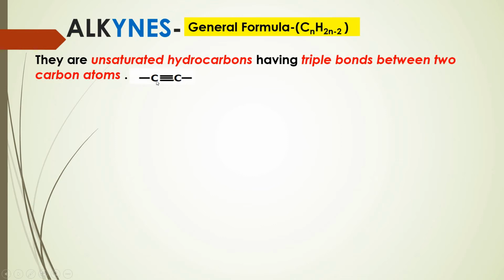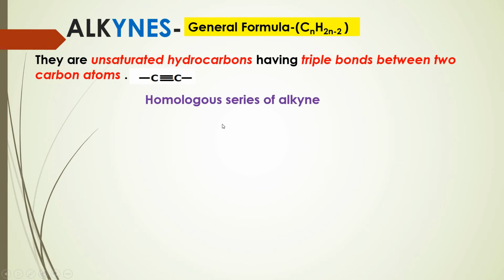Between two carbon atoms there are three covalent bonds, and these three covalent bonds together are called a triple bond. So the valency of carbon is 4. With this triple bond and with one extra bond this side, the valency of this carbon gets satisfied, and with the same triple bond and with this single bond over here, the valency of this carbon also gets satisfied.